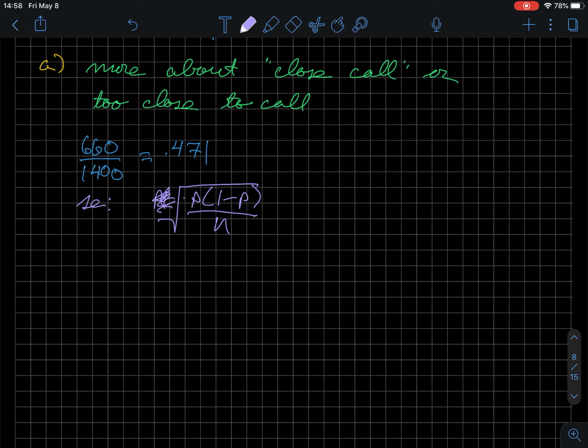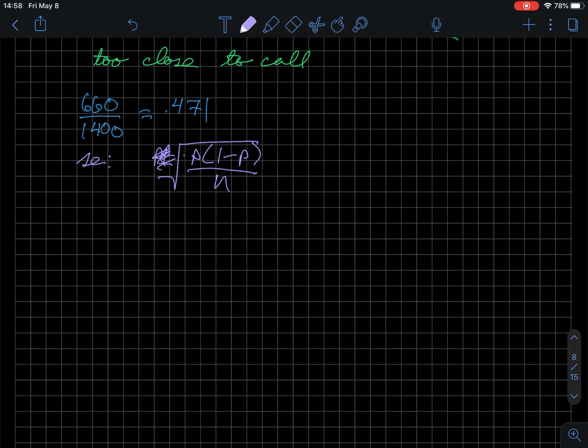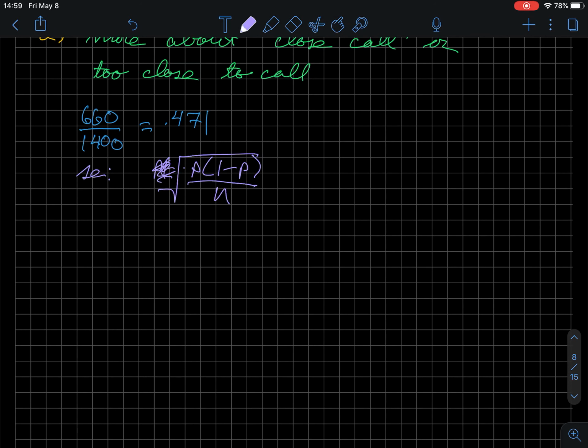For this one, that is going to be equal to the square root of 0.471 times 1 minus 0.471 divided by 1400, and this is going to equal 0.013.